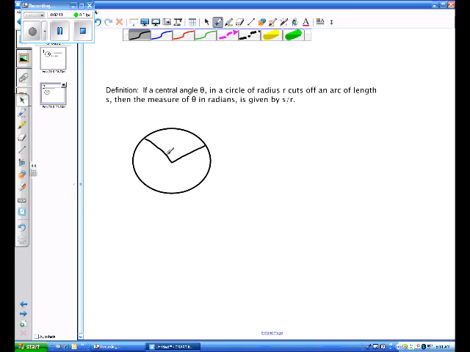So we have our central angle theta, our radius is r, and our arc length is s. Then theta is equal to the arc length divided by the radius, and that will then tell us how many radians.